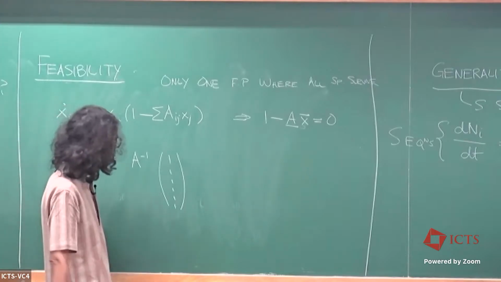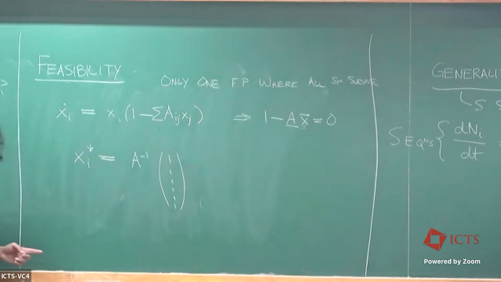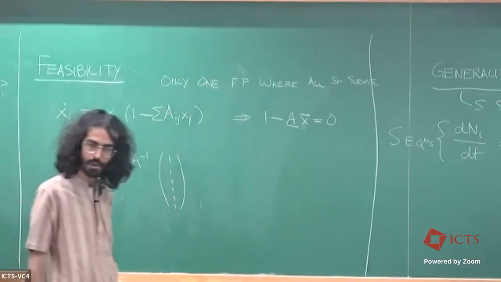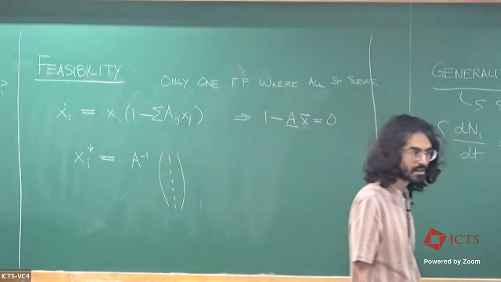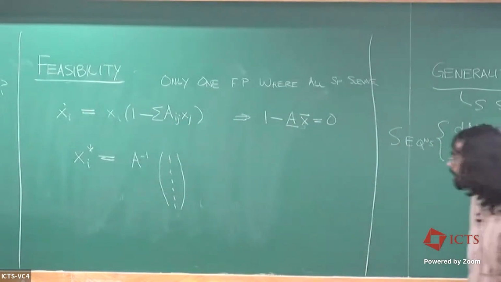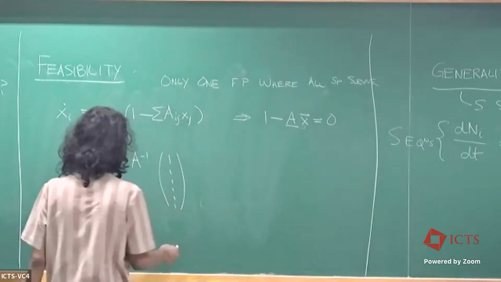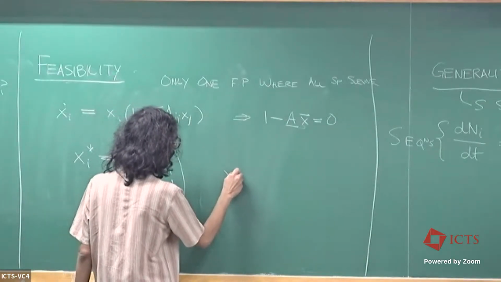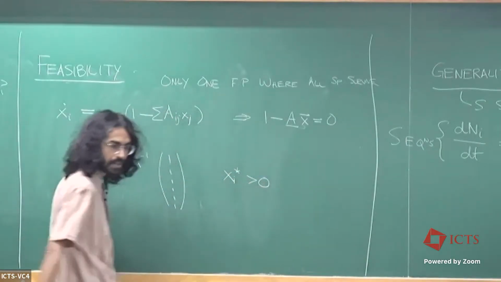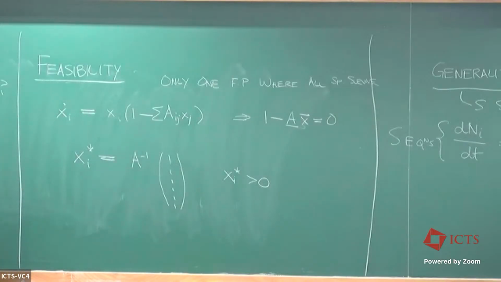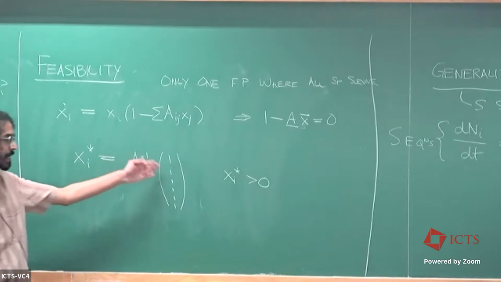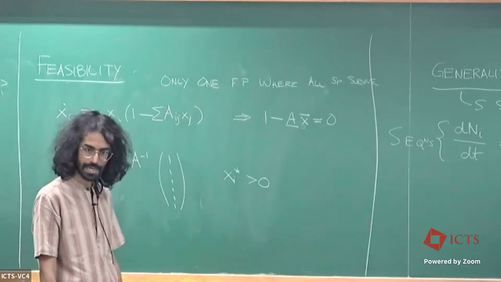Okay, but if let's say A is invertible, then are we done? Is this fixed point always valid? It should be positive. So this doesn't guarantee that all of the xi stars are positive, right? Sometimes you might solve it and get an A matrix that, when multiplied with this, gives you some negative entries.